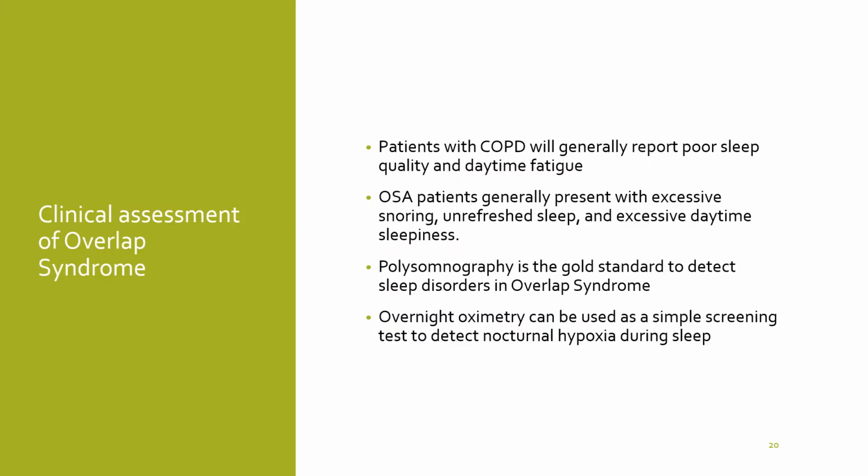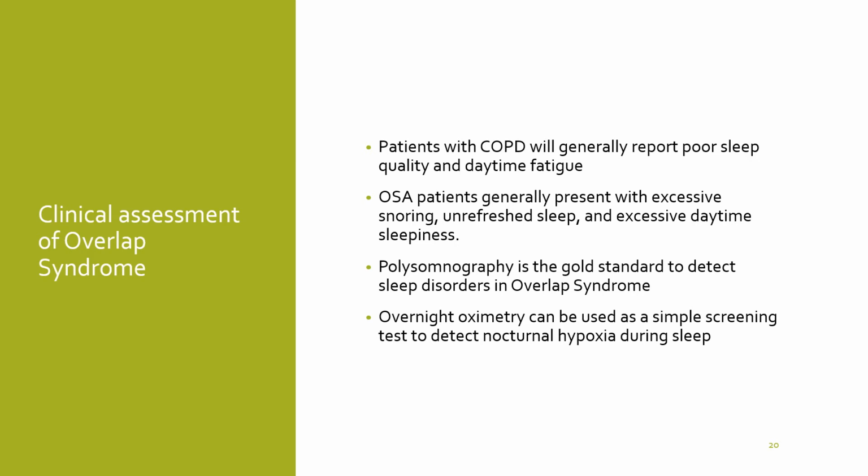So how do you actually diagnose someone with overlap syndrome? What kind of clinical assessment would you do? Patients with COPD generally report poor sleep quality and daytime fatigue. Obstructive sleep apnea patients typically present with excessive snoring, unrefreshed sleep, and excessive daytime sleepiness. So there's a little bit of difference between the two.